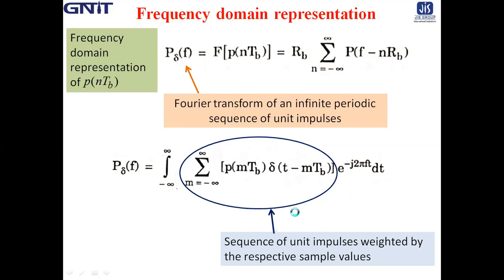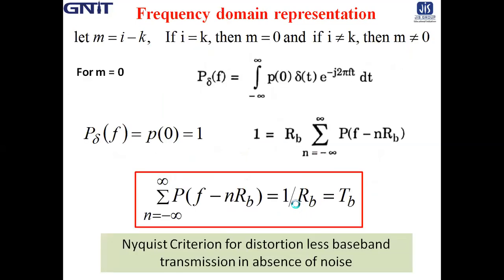Now, let us consider that m equal to i minus k. Now, if i equal to k, then m equal to 0. And if i not equal to k, then obviously m not equal to 0.